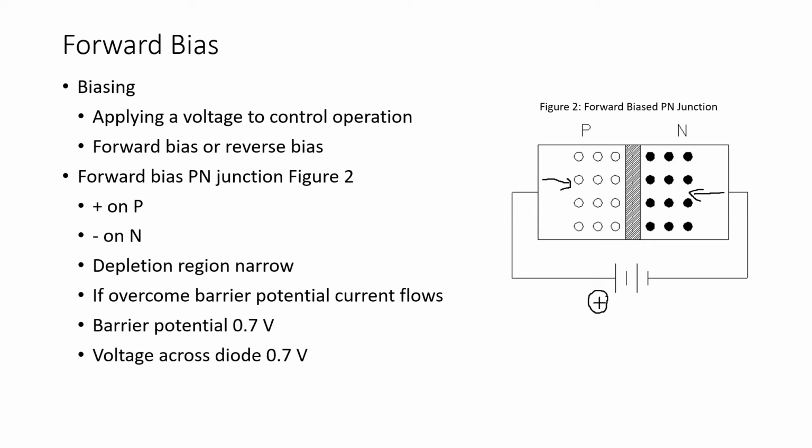If we overcome this barrier potential, which is approximately 0.7 volts for silicon, then we'll have current flow through that depletion region. And of course, we will always have a voltage of 0.7 volts dropped across the depletion region. Again, this is due to the creation of the ions on both sides of the depletion region when we have a migration of free electrons to fill holes in that depletion region.